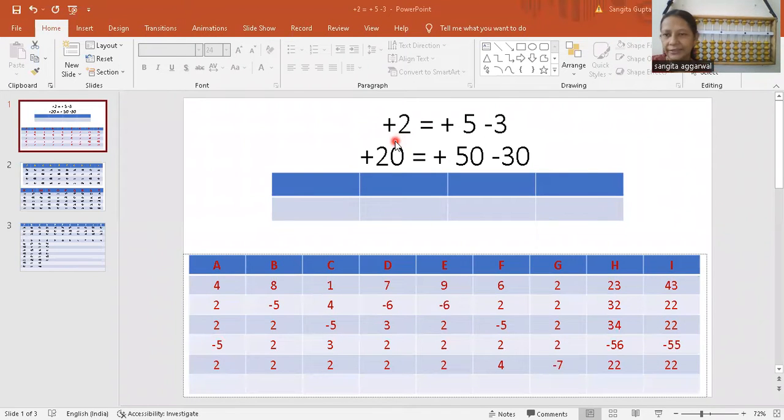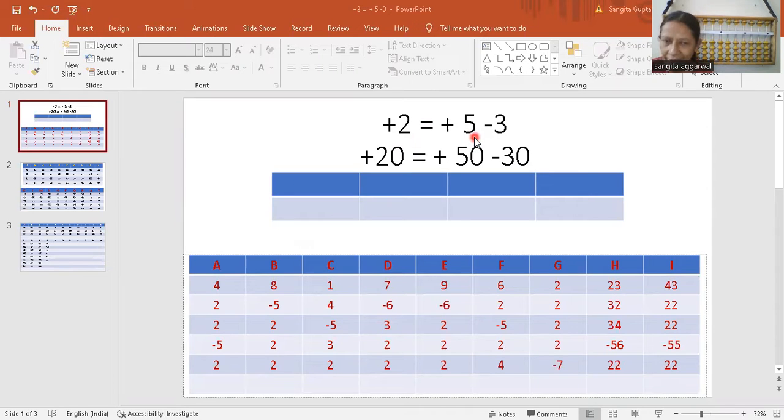Now you can see the new formula, which is add-2. You have to learn this formula. Add-2 is equal to add-5 minus 3. This is the formula of complement, or you can say small friends.